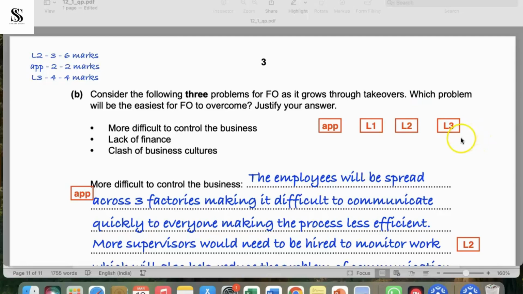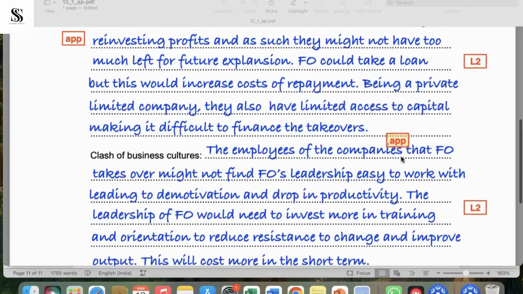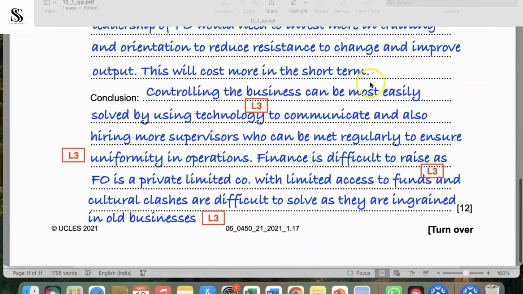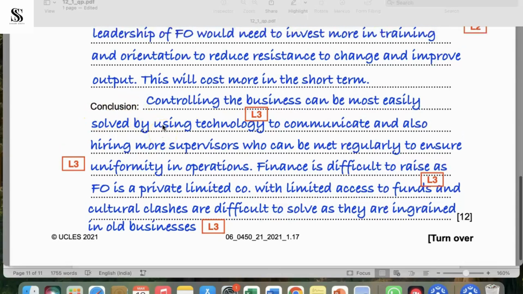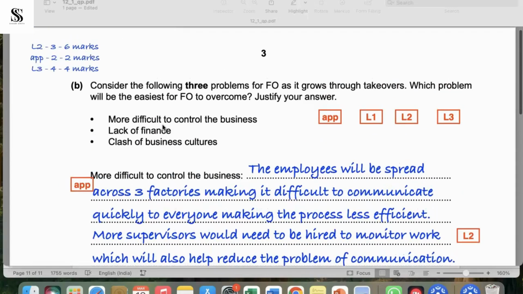Now, L3 stands for the justification you would be giving in this last component where there's a conclusion or a recommendation. Now, this 12-mark question is something like the E questions of paper 1.